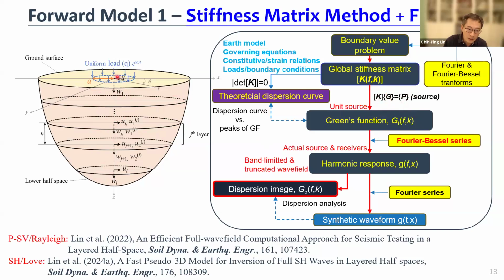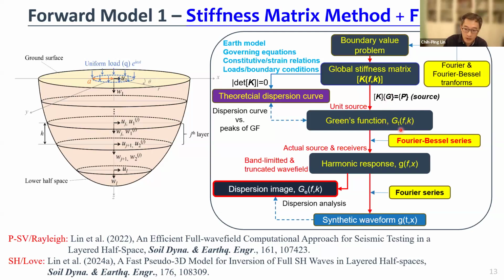If we consider a unit load and solve this matrix equation in the transform domain, we get the displacement at each interface. But we are only interested in the ground surface, because this is where we can take measurements. I call this a Green's function in the transform domain.